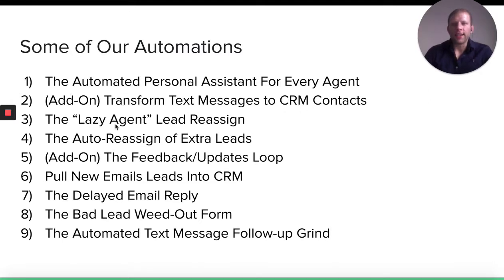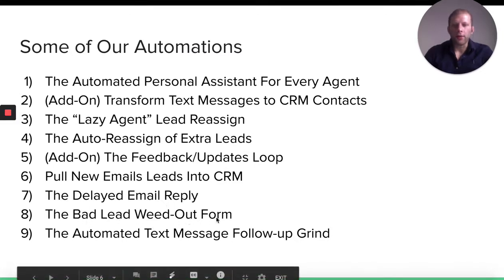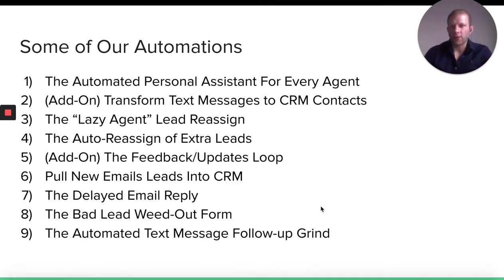We have the lazy agent lead reassign, the auto reassign of extra leads, an add-on to the personal assistant, which is the feedback and updates loop. Then there's the pull new email leads into your CRM, the delayed email reply, the bad lead weed out form, and the automated text message follow-up grind. Let's jump into the first one.